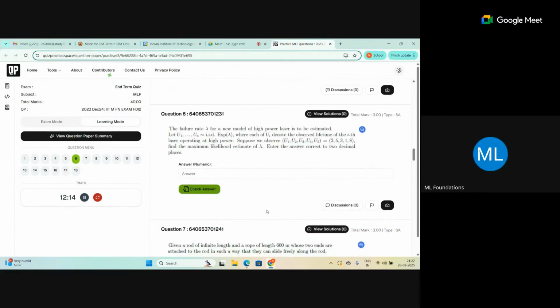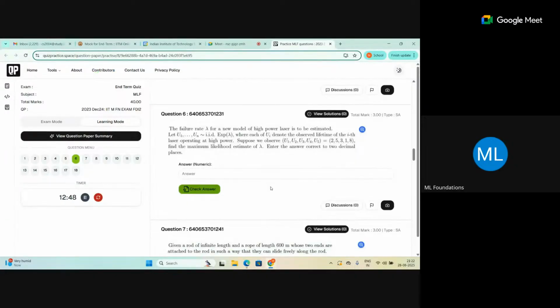Let us go through this question. The failure rate is lambda. So u1, u2 to un are random variables, IID random variables with an exponential distribution, and the rate is lambda here. Each of these random variables denotes the observed lifetime of a laser operating at higher power.